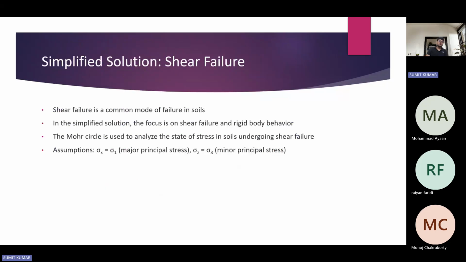with positive and negative direction respectively for the same. Now, talking about shear failure, it is a common mode of failure in soil, obviously, and in the simplified solution, the focus is on the shear failure and the rigid body behavior. The Mohr circle is used to analyze the state of stress in soil undergoing shear failure. The assumptions could be taken as sigma x equal to sigma 1 as the major principal stress and sigma z equal to sigma 3 as the minor principal stress.